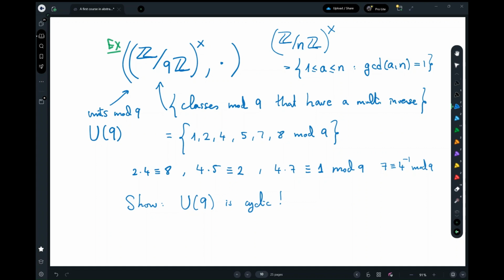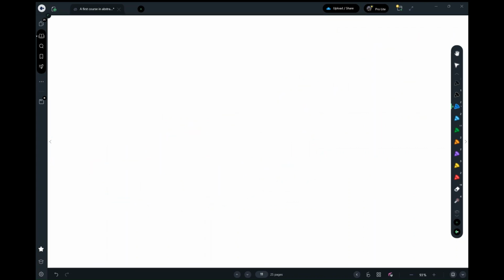So let's see why. U9 is cyclic. And as I said, U9 is 1, 2, 4, 5, 7, 8 mod 9 under multiplication. And I claim that actually it is generated by 2. So let's see what the powers of 2 are.